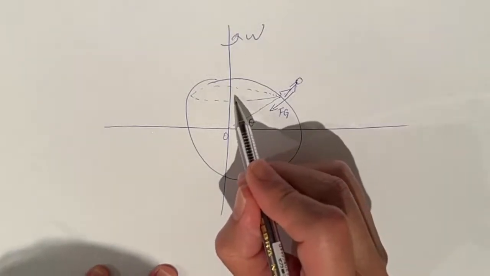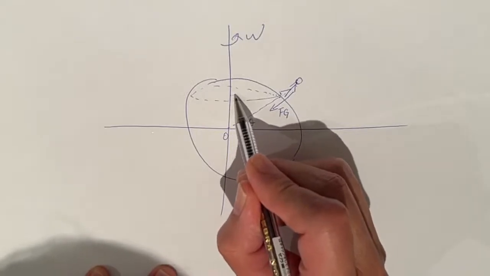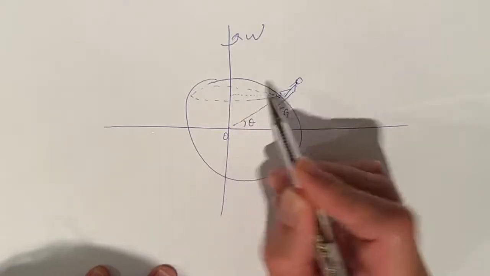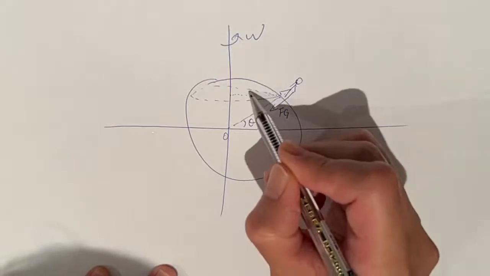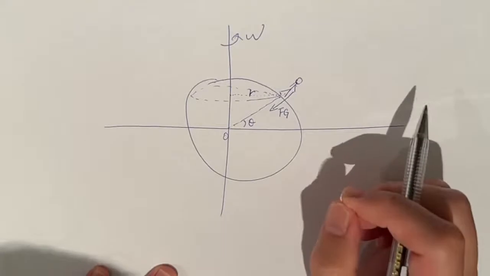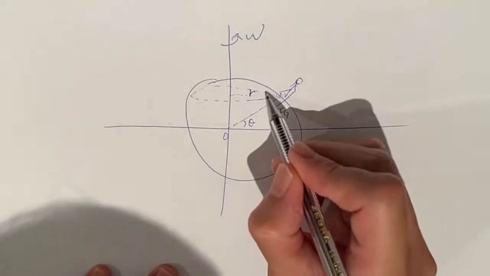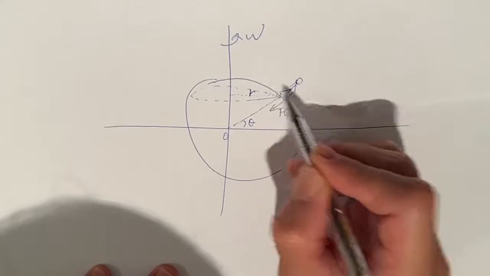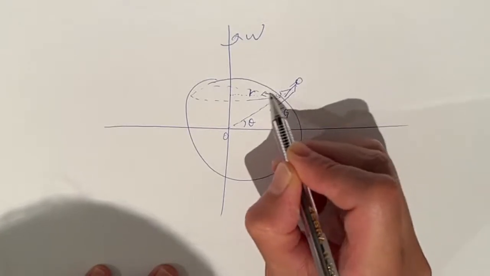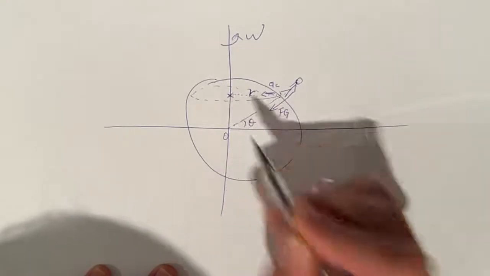But the circular motion has a smaller radius r from the axis of the Earth. This r is smaller, but it doesn't matter, right? Now, it also has a centripetal acceleration, AC, towards the axis of the Earth, right?